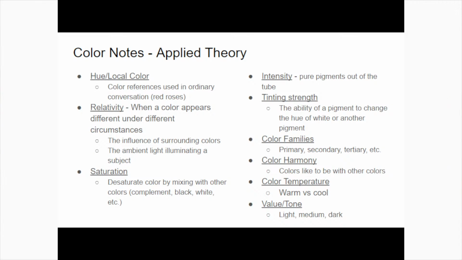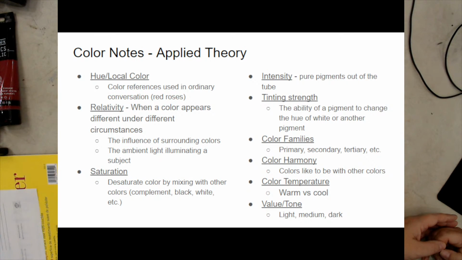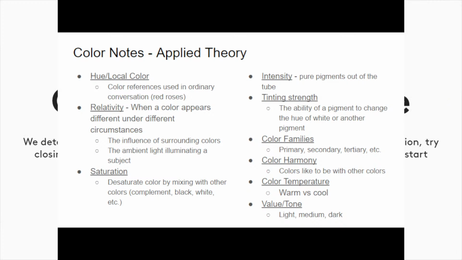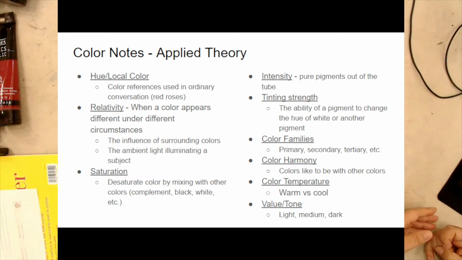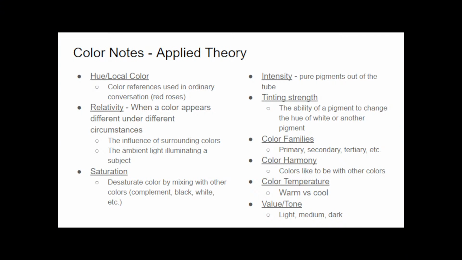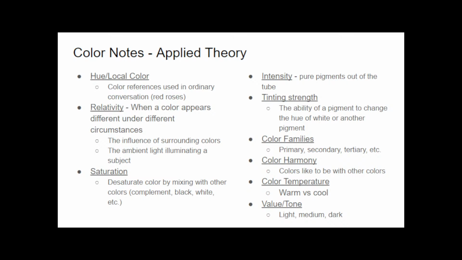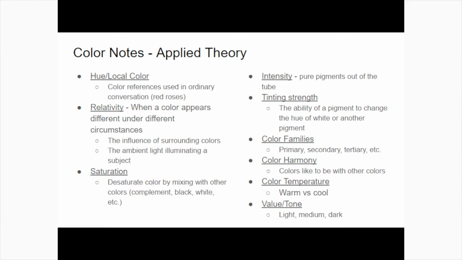Relativity is when a color appears different under different circumstances: the influence of surrounding colors or the ambient light illuminating a subject. So a color might look different under different lighting conditions. Any of these paintings with interior lighting that are hanging on the wall are going to look different outdoors. If I bring a branch of that holly in here, it's going to look different under artificial light than it does in natural light.